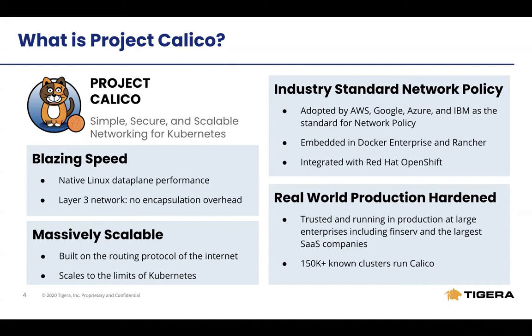In terms of real-world production, today we are familiar with more than 150,000 known clusters that are running Calico across the clouds and on-prem. So we're trusted by a lot of users who have been running their mission critical applications with Calico.